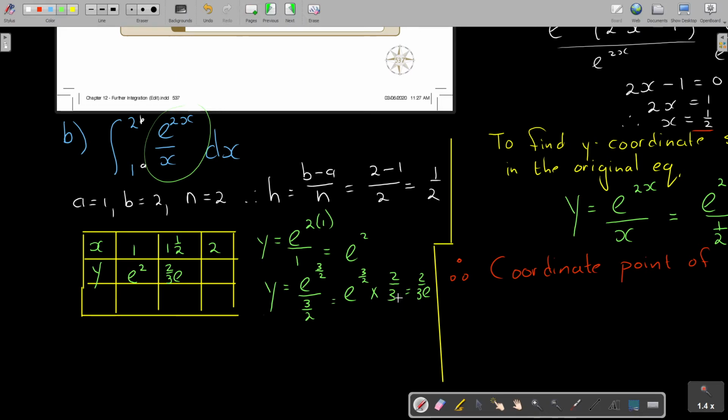I think I forgot to substitute that one. I can show you. So it was e, and then it was 3 over 2, and I forgot to put the x. I think here's a mistake. It was 2, and then I put 3 over 2.